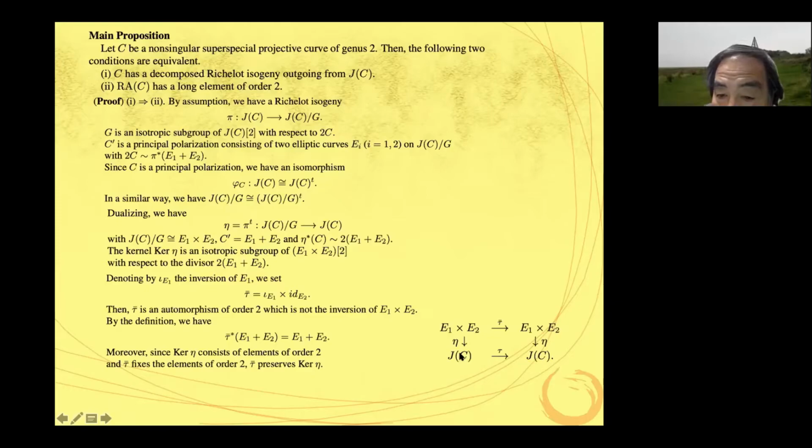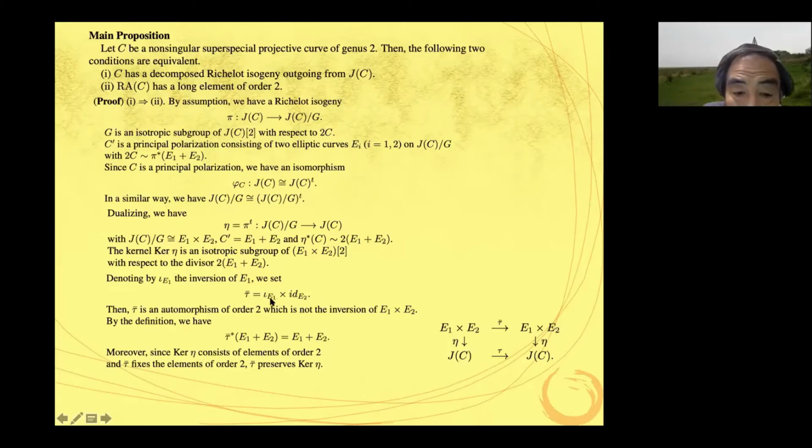So the pullback here is decomposed, and here the pullback of polarization C from here to here becomes 2 times E1 plus E2.